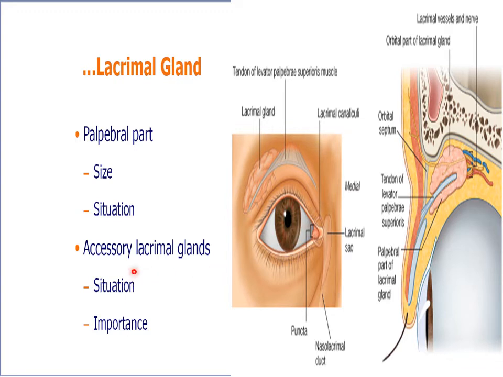So what is the importance of these accessory lacrimal glands? The removal of the main gland does not result in dryness of the eyes because of the presence of these accessory lacrimal glands, which directly drain into the conjunctival sac.